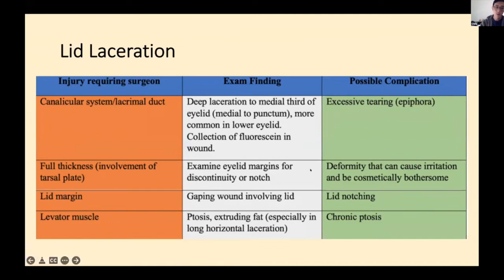So you want to get ophthalmology to evaluate that and repair it. If it involves the lid margin, you want a more precise approximation of the laceration to prevent any lid notching. And if it involves the levator muscles, ophthalmology can repair that to prevent chronic ptosis.